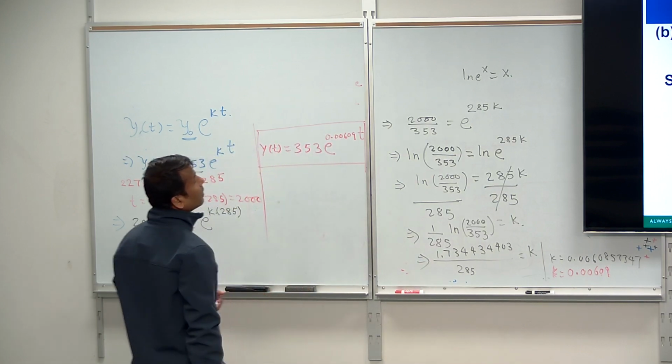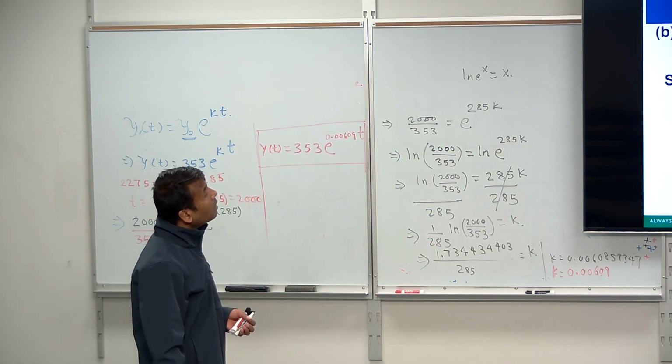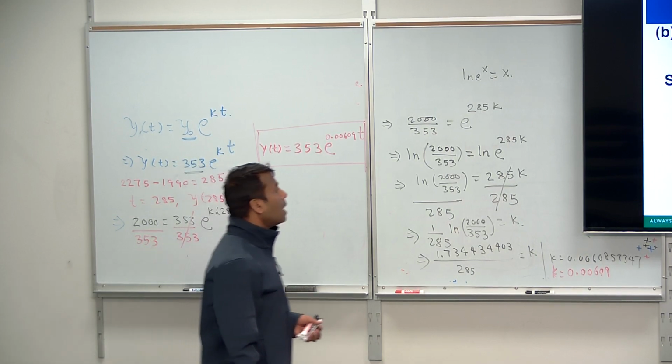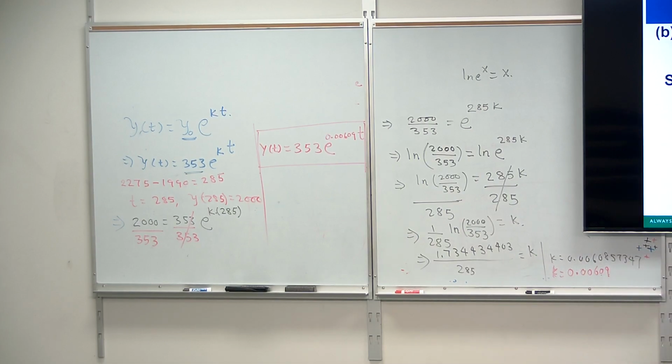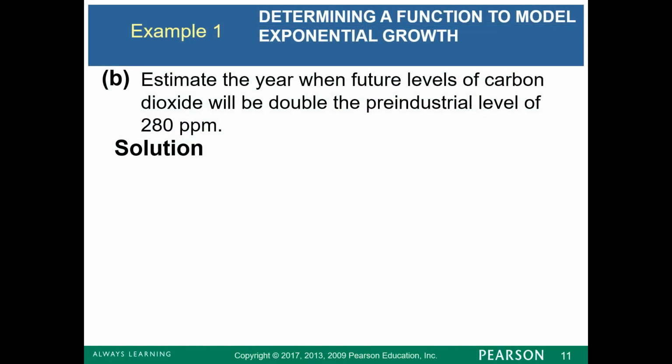So this is one thing we have to do, and the next one is estimate the year when the future level of carbon dioxide will be double the pre-industrial level of 280 ppm. So you have to find out the year when the future level of carbon dioxide will be double the pre-industrial level of 280 ppm.